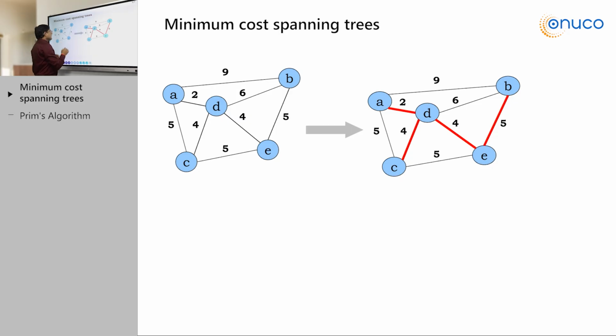Now remember that based on one graph, we can have many spanning trees. Now, what is a spanning tree? A spanning tree is where all the vertices are present. A spanning tree is what?